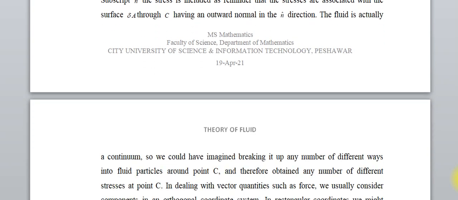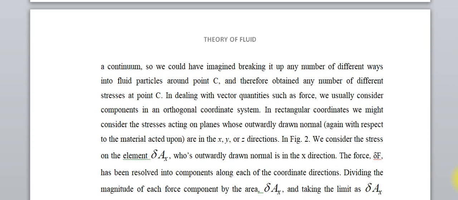The fluid is actually a continuum, so we could have imagined breaking it up any number of different ways into fluid particles around point C, and therefore obtain any number of different stresses at point C.